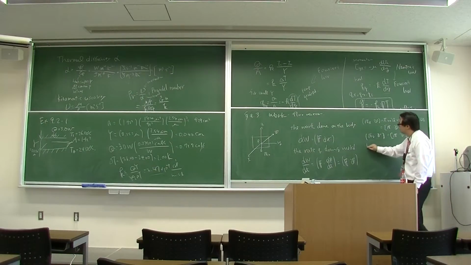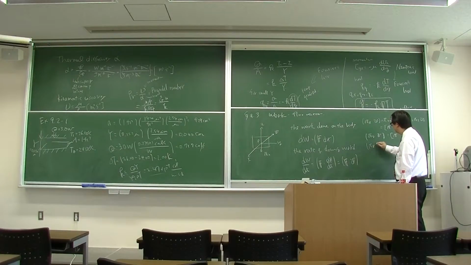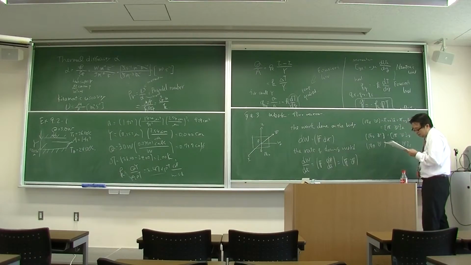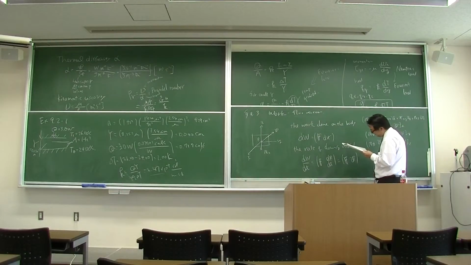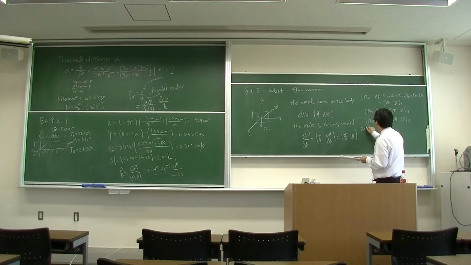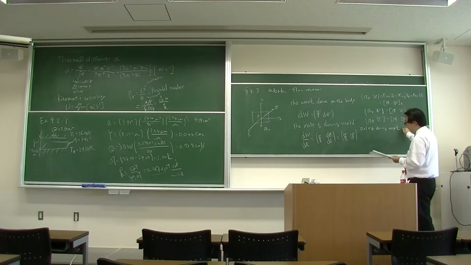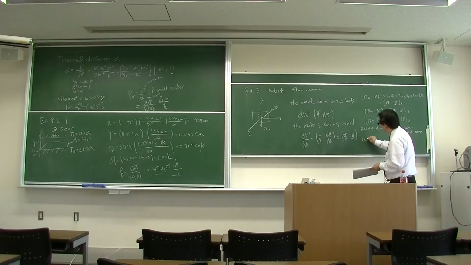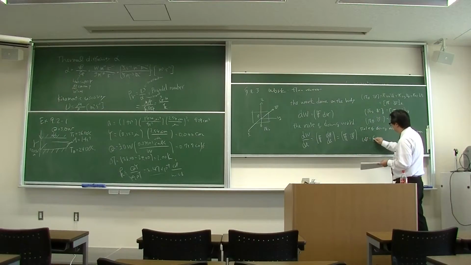This is the y component. Rate of doing work by unit area is the unit of vector.